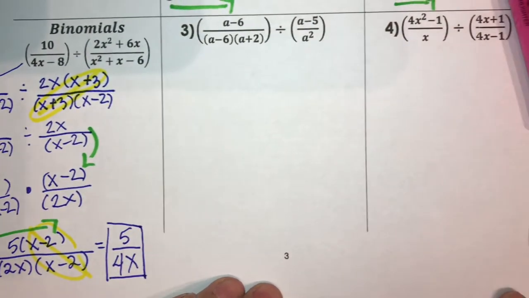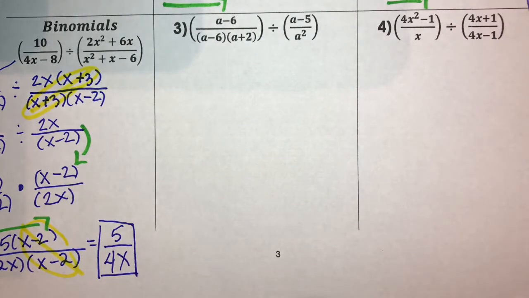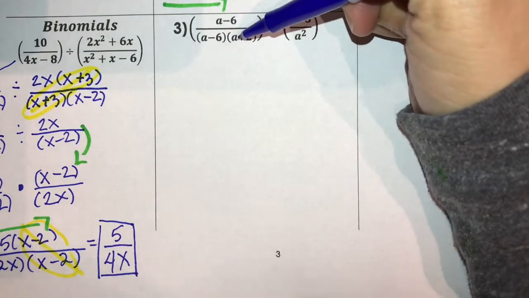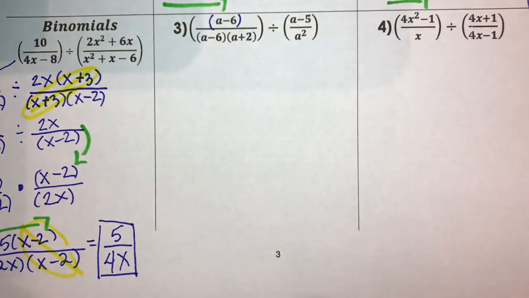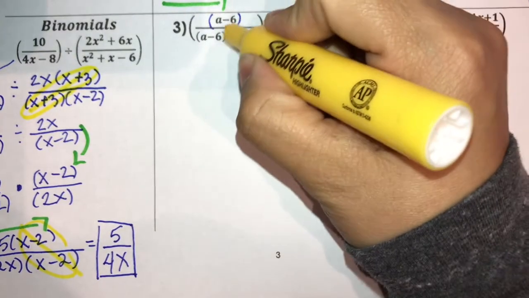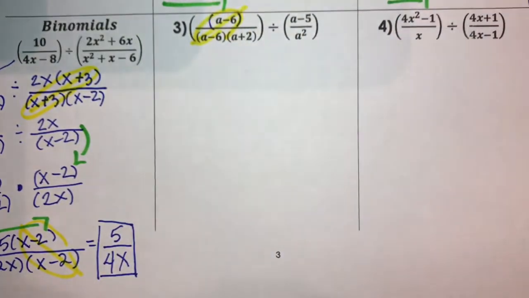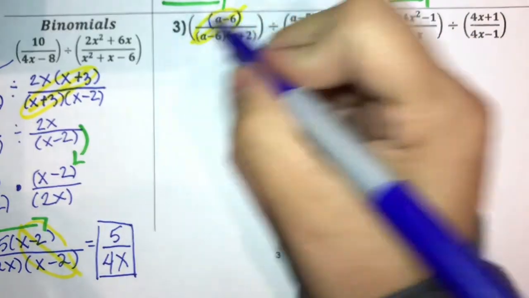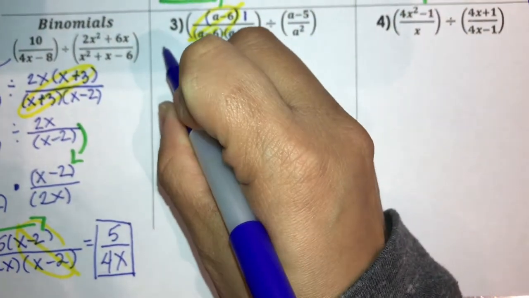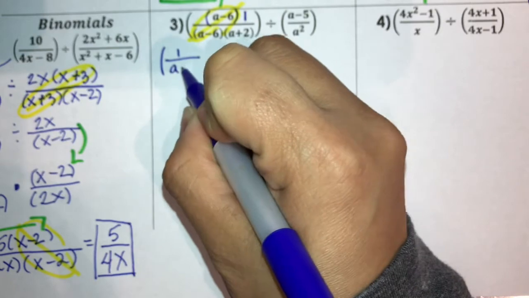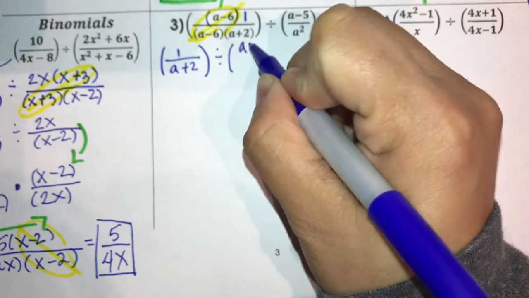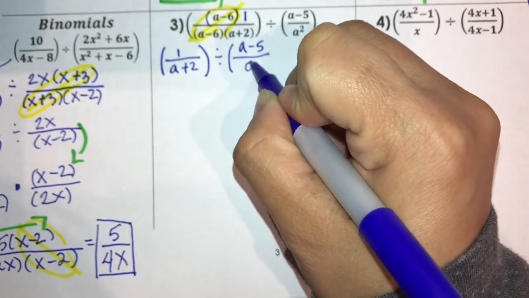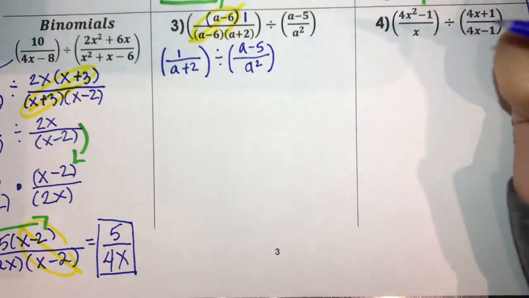Okay, number 3. This is already simplified. In this case, we can take out the binomials, so I'm left with 1 over a plus 2, divided by a minus 5 over a squared. I can't really simplify the second fraction.